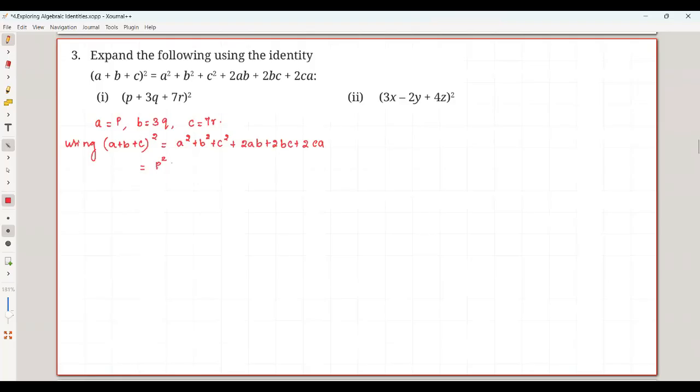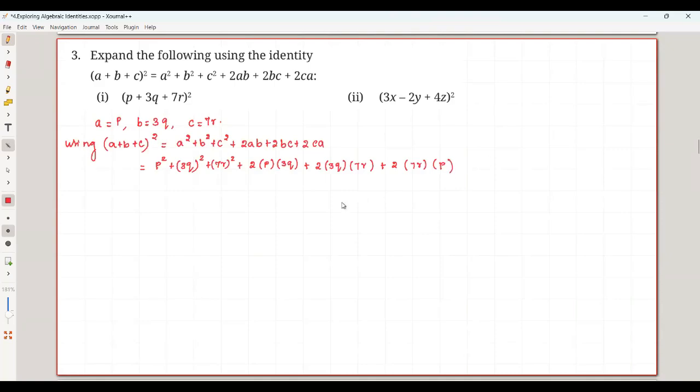Okay, so p square plus 3q the whole square plus 7r the whole square plus, so 2 into a value is p into b value is 3q plus, so 2 into b value is 3q into c value 7r. Okay, done. Plus, so 2 into c value is 7r into a value is p.